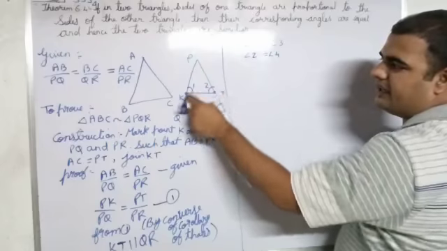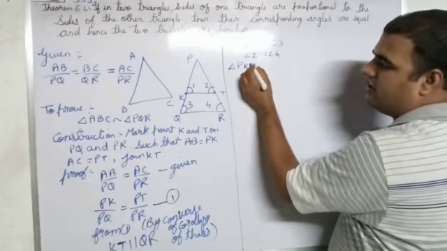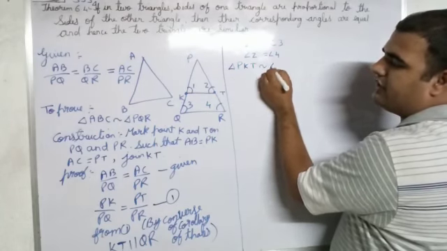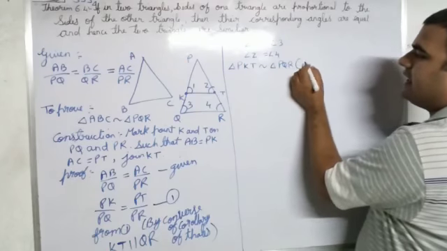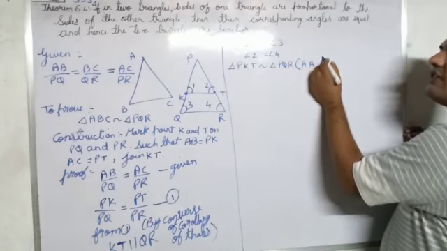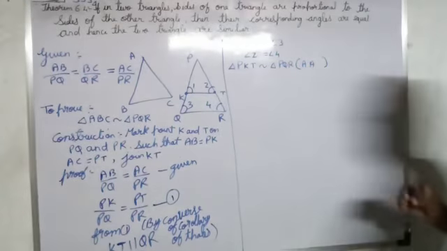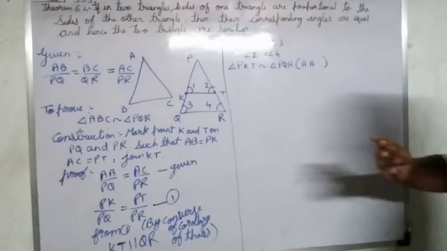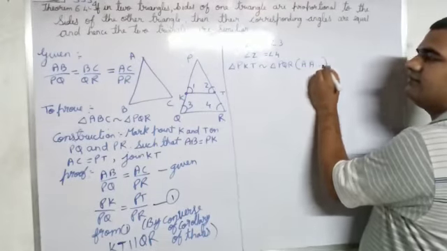So in triangles PKT and PQR, we can say triangle PKT is similar to triangle PQR. By which criteria? By AA similarity, which we have proved in theorem 6.3. PKT is similar to triangle PQR. Okay, I think all of you got this. Why is it similar by AA criteria?